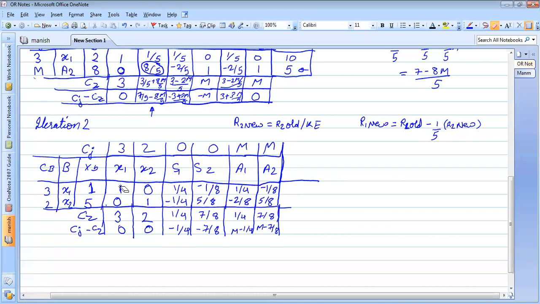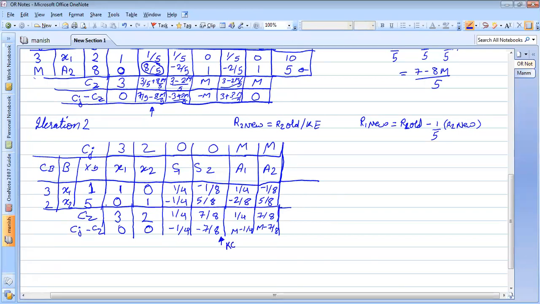Since all the values are not positive, we have to perform one more iteration. If we are going to perform one more iteration, this will be our key column.